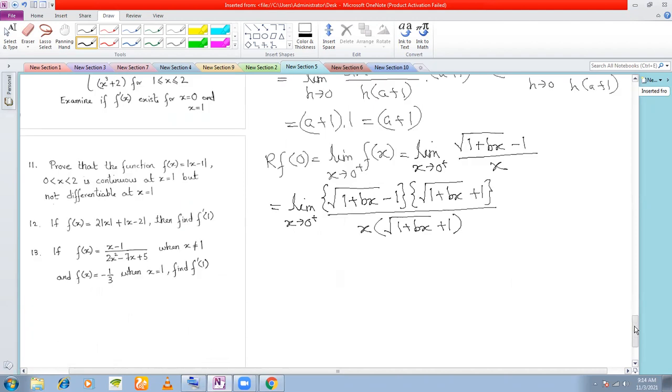In the numerator you have the (a plus b)(a minus b) form, so this is simply 1 plus bx minus 1 over x into root(1 plus bx) plus 1.